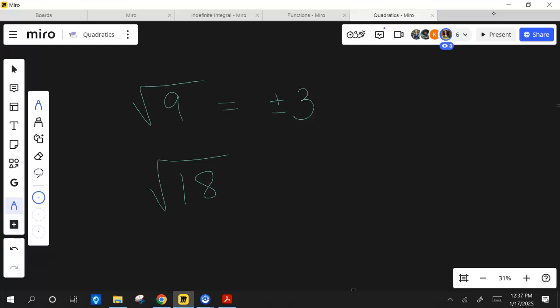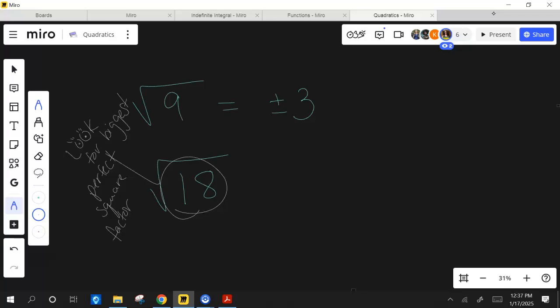What I'm doing is I'm looking under the radical, and I'm looking for the biggest perfect square factor.